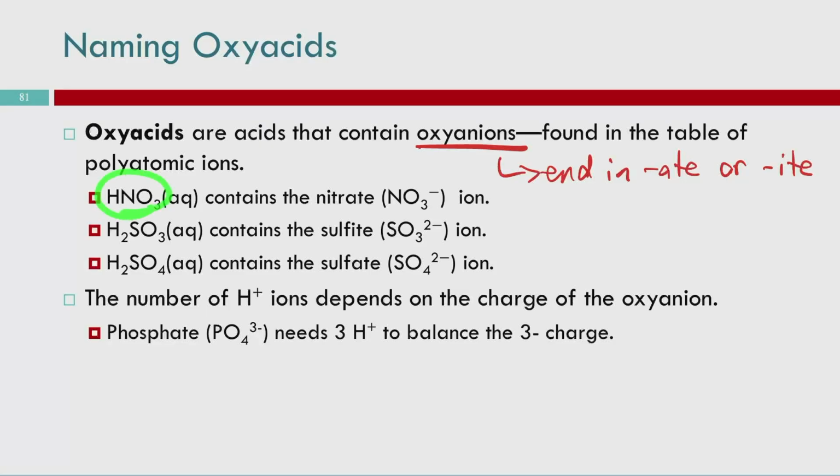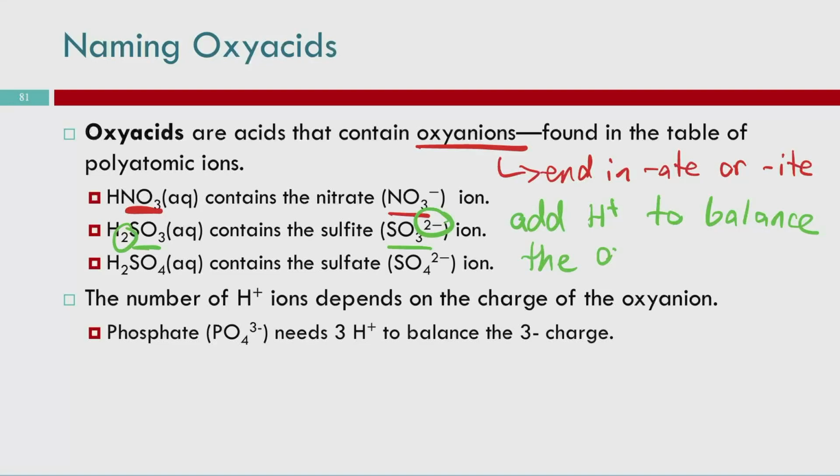So HNO3 contains NO3, the nitrate, NO3- ion. H2SO3 contains the SO3 2- ion. Notice that this 2- charge corresponds to 2 hydrogens up front. Just however many hydrogens we need to balance out the charge. So we're just going to add H+ to balance the oxyanion charge, as it says at the bottom.